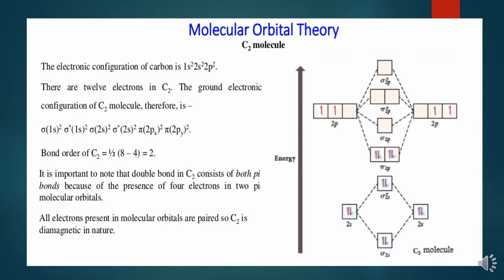Its bond order will be 8 minus 4, as 8 electrons are present in the bonding orbitals in total: 2 in sigma 1s, 2 in sigma 2s and 4 in pi 2p. And in anti-bonding, 2 in sigma star 1s and 2 in sigma star 2s, so total 4. The bond order of C2 is 8 minus 4 divided by 2 equals 2. As all the electrons are paired, the molecule is diamagnetic in nature.